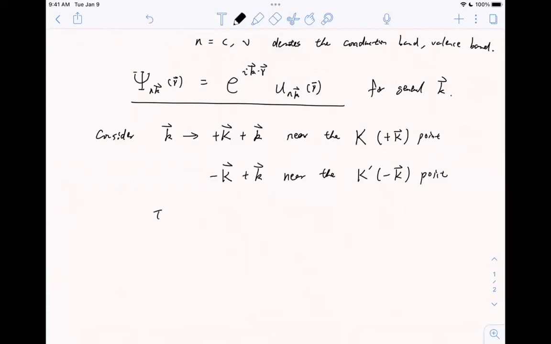So we use tau equal to plus or minus as the valley index, okay?